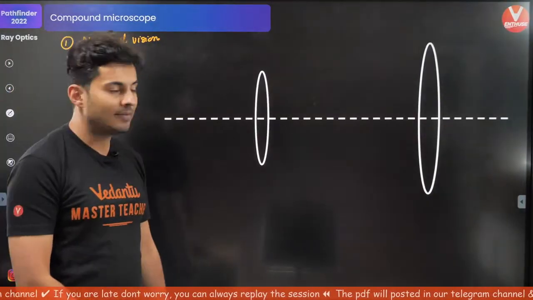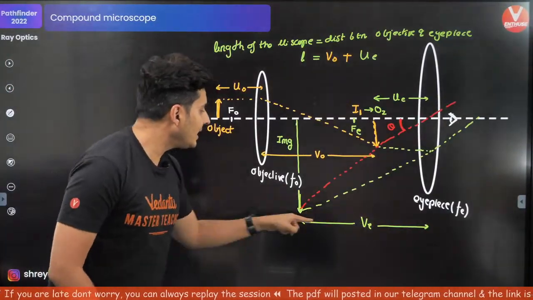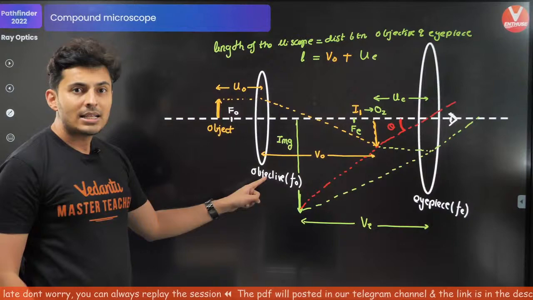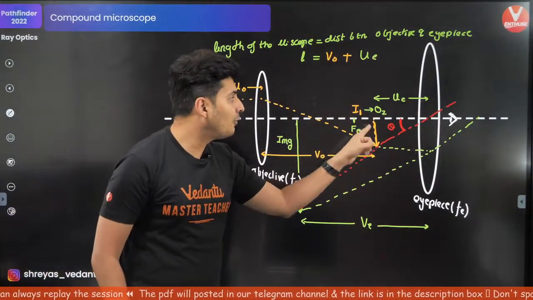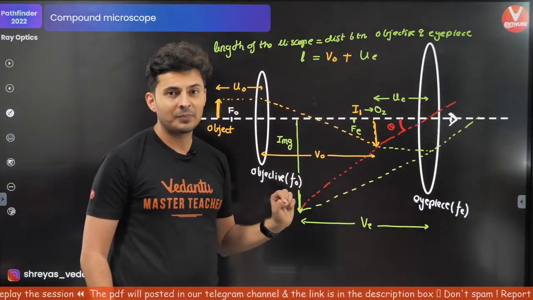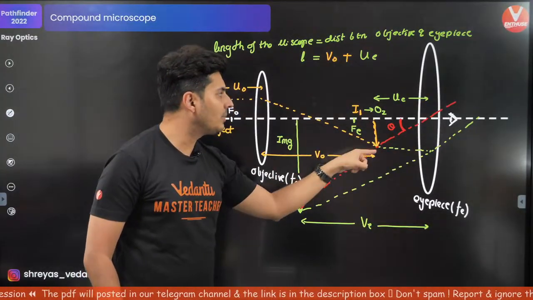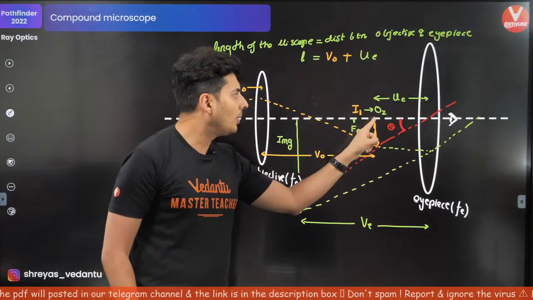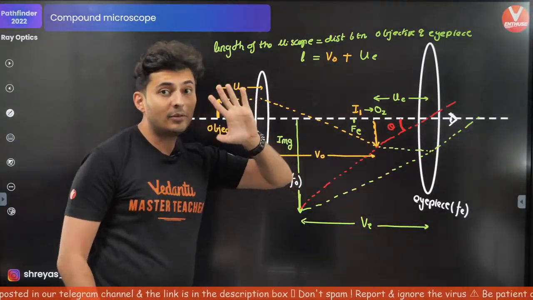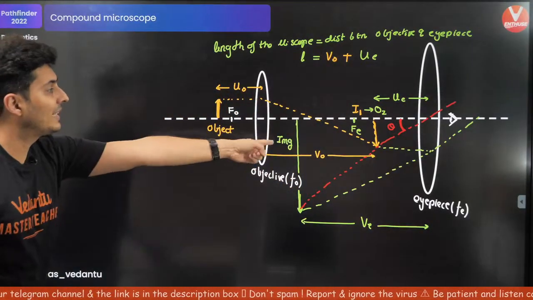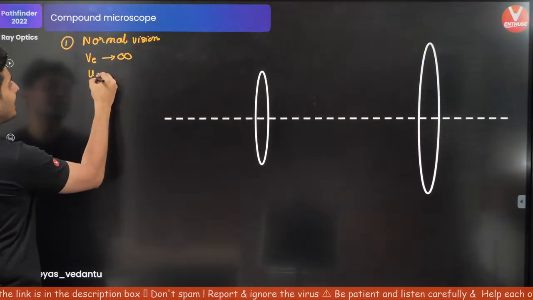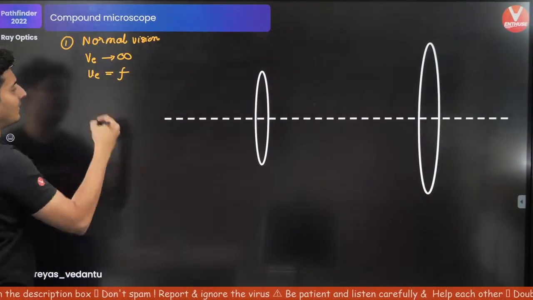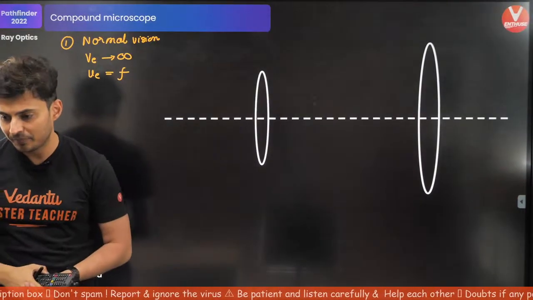If VE is infinity, think where should the object be placed? The object should be placed at the focal point of the eyepiece. So UE is basically nothing but F. See if everybody has got it.